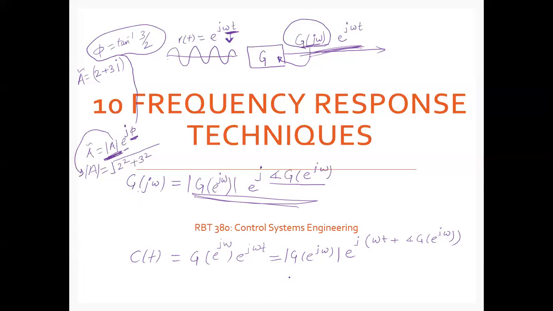So this can be written as M_G, the magnitude of G, times e to the j omega t plus phi G. In short, the angle is phi G. So this guy can be written as M_G e to the j(omega t plus phi G).